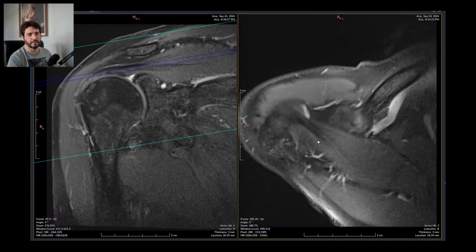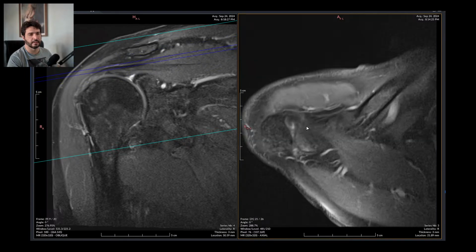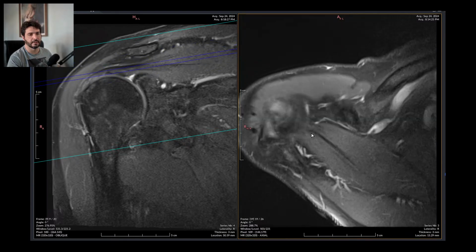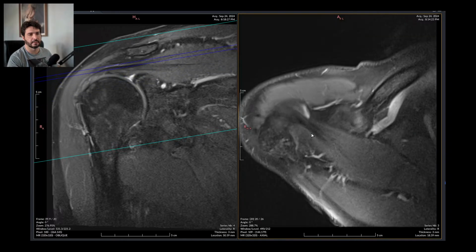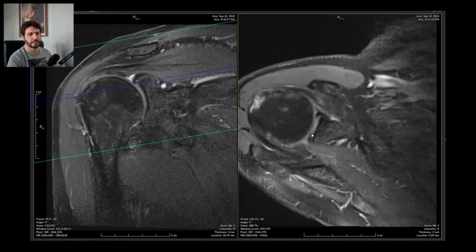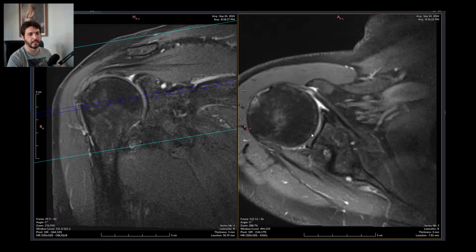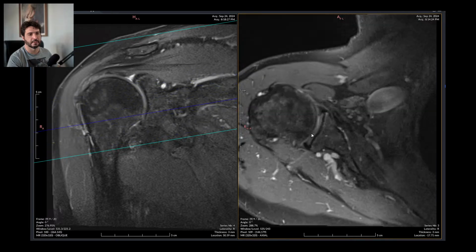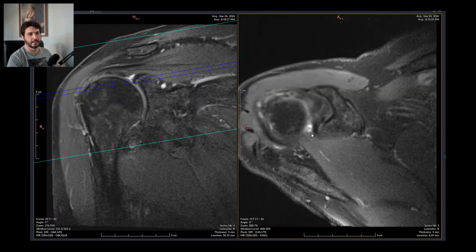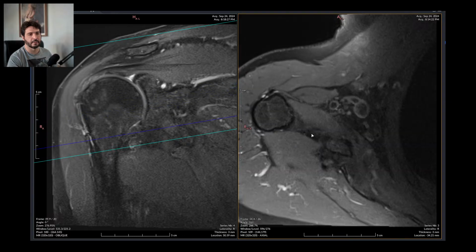And when I go over, this is the supraspinatus right here. And right below it, there should be the long head biceps, the tendon of the long head of the biceps. And there is none.